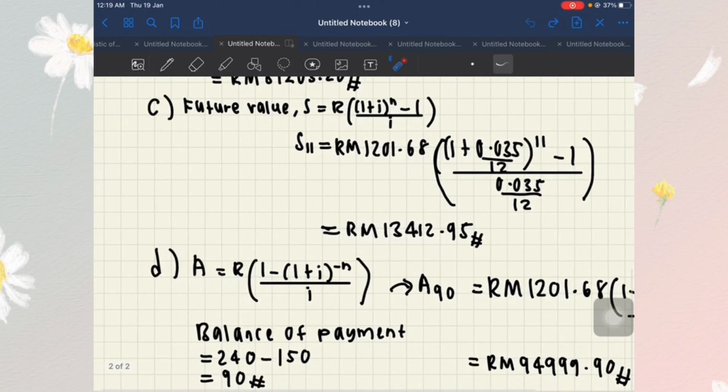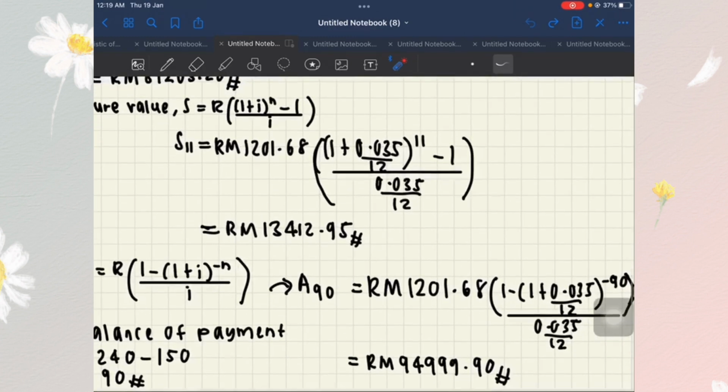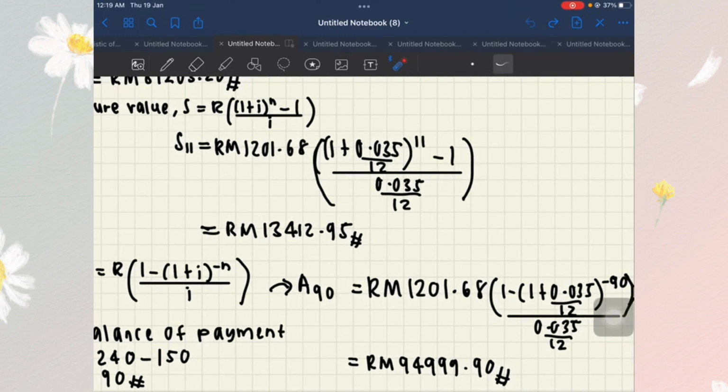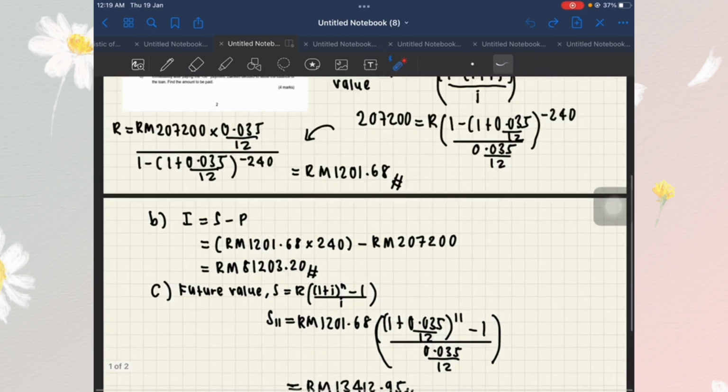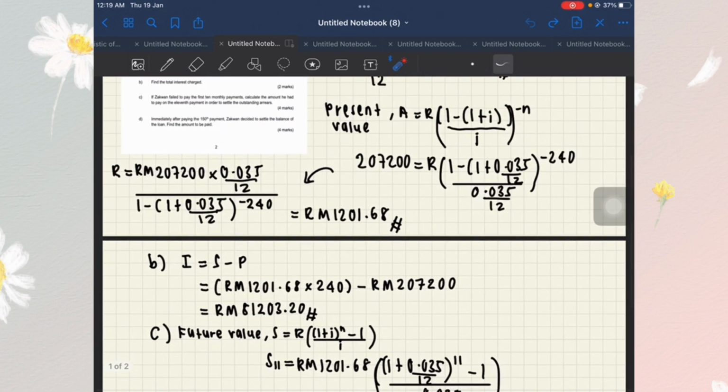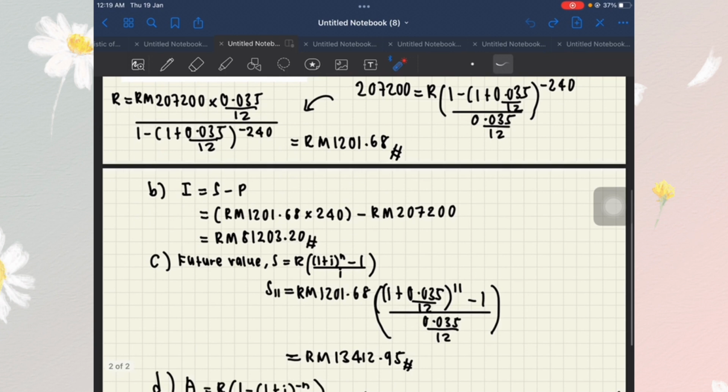Then we use the present value formula, which is A90 equals 1201.68, which is the monthly payment, times 1 minus 1 plus 0.035 over 12, power of negative 90, over the interest, which is 0.035 over 12, and we will get the final answer right here for the amount that Zakwan has to settle.